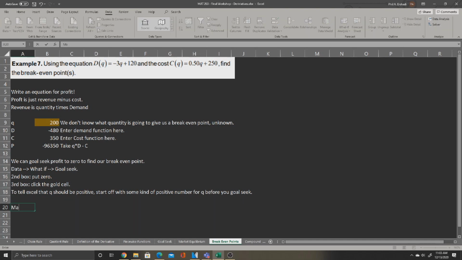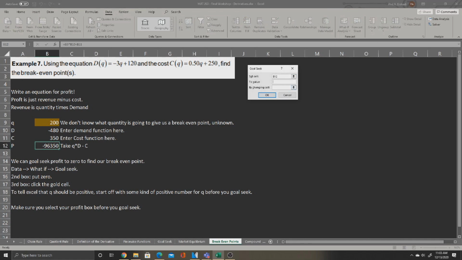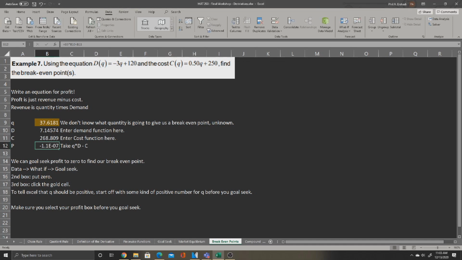So also make sure you select your profit box before you goal seek. So click the profit box, Data, What If, Goal Seek. We want this to become 0 by changing the Q. Press OK. And you might notice you have a very, very tiny number in here. So if you get a number ending in E-07 or some other negative number, that's close enough to 0.